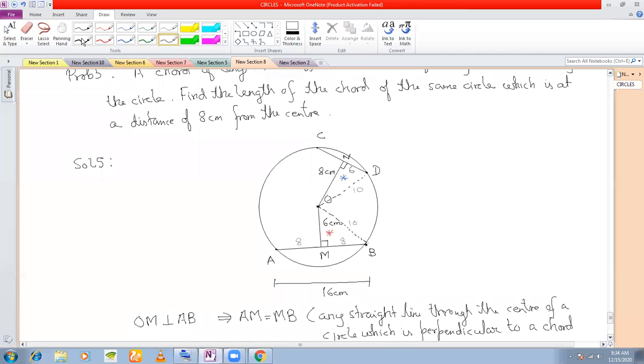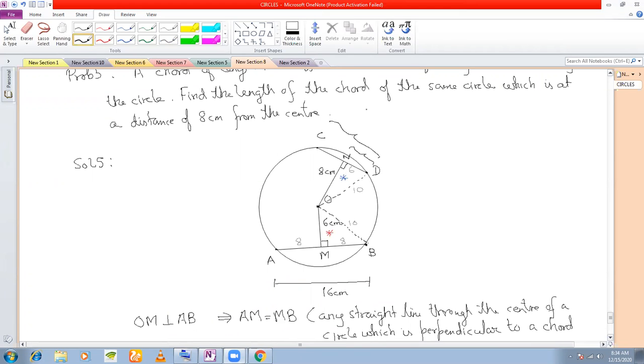Now once you know the length ND, can we know the entire length of this chord CD? Yes, we can. Tell me how. CD is equal to twice of ND. Why?